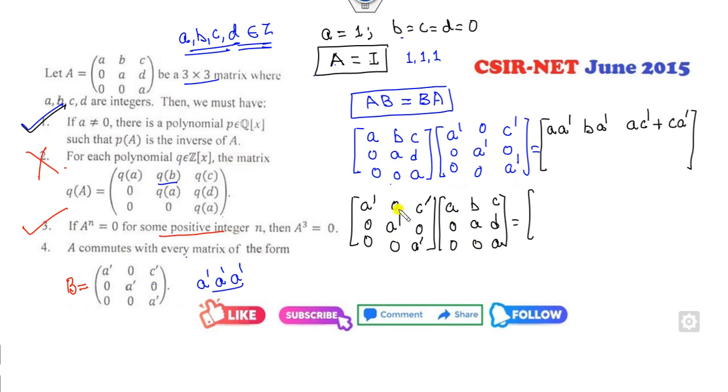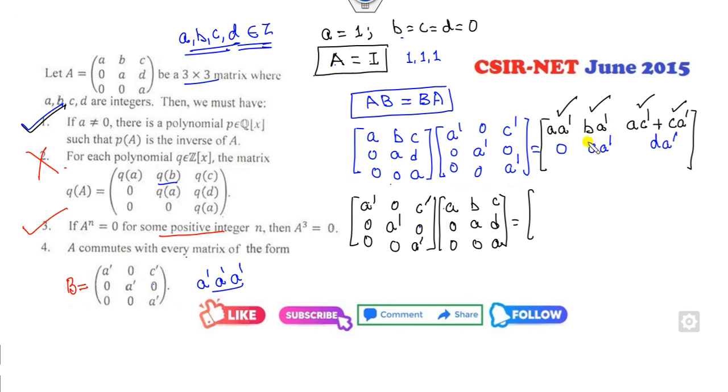So clearly the first number will be A. Second one is 0, A dash into B is fine. A dash into C, C dash into A. First row is satisfied. Look at the second one. This number will be 0. This number will be A into A dash. This number will be D into A dash. Is it satisfied?